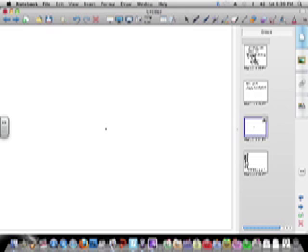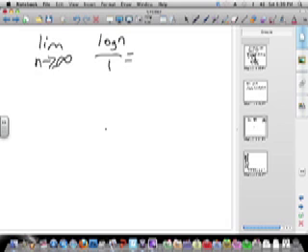So I can show you some limits of functions. For example, the limit as n goes to infinity of log of n over 1 equals the limit as n goes to infinity of log of n, which equals infinity.